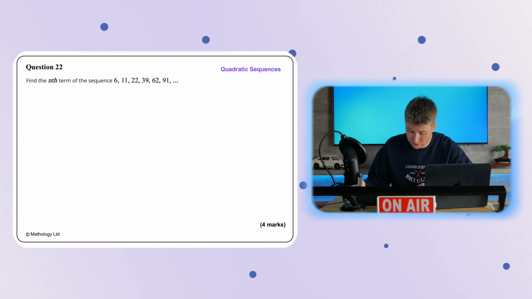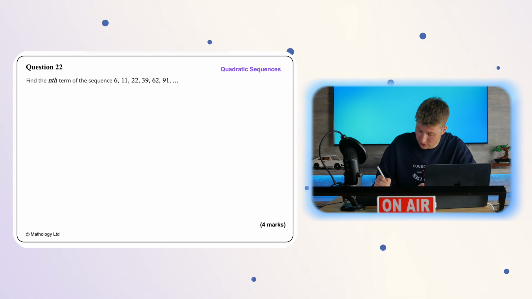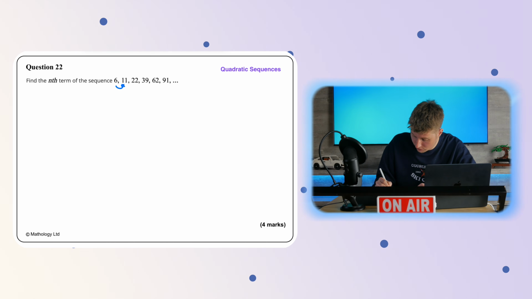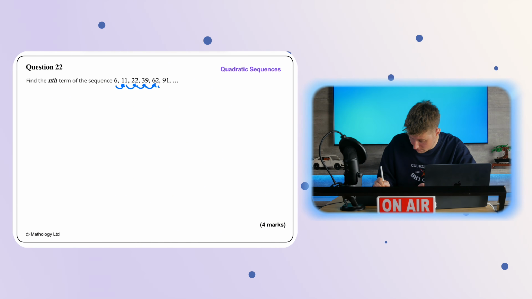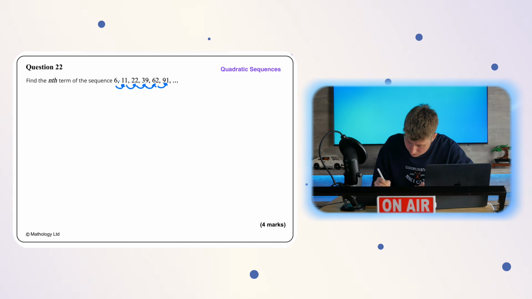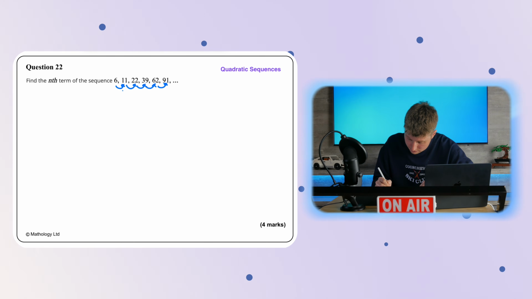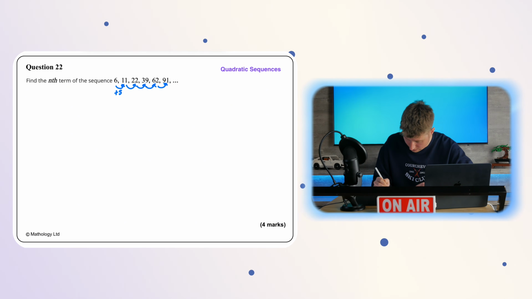Question 22 says find the nth term of this sequence. So first we find out what the jumps are going up in. The difference between 6 and 11 is equal to 5. And then the difference between 11 and 22 is equal to 11.